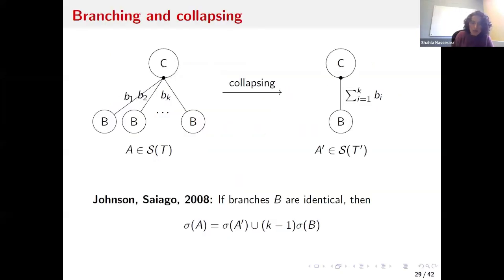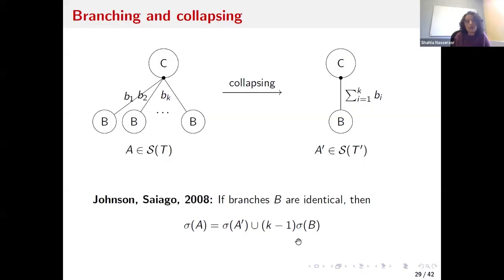But later on, we were able to show in this new paper that there are actually more constraints on those eigenvalues. For that, we use this branching and collapsing idea, proved by Johnson and Saiago in 2008.